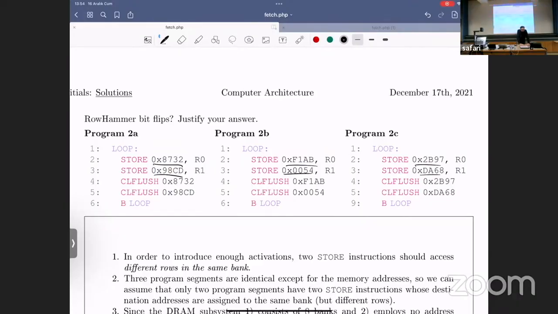For that, we also need to check a few system configurations. But from the previous question, from your answer, for example, we know that for a program to induce RowHammer bit flips, these stores should access different rows in the same bank, right? If they access different banks, it doesn't make sense. If they access the same row, it doesn't make sense. So let's check this out.